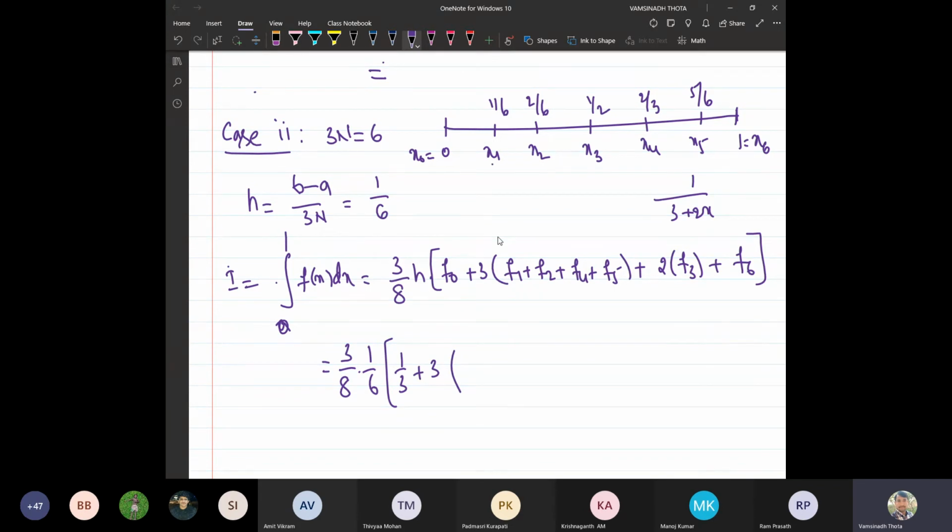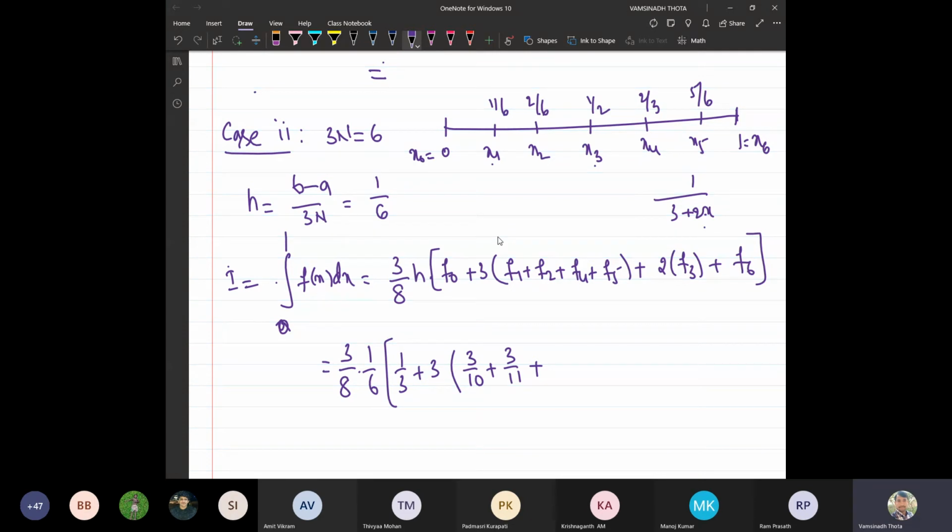So here 1 by 6, 1 by 3, so 3 by 10, plus the value of f at 2 by 6, which is 1 by 3. So 1 by 3, 2 by 3, 3 plus 2, 11, so 3 by 11. Not yet f3, not yet x3.